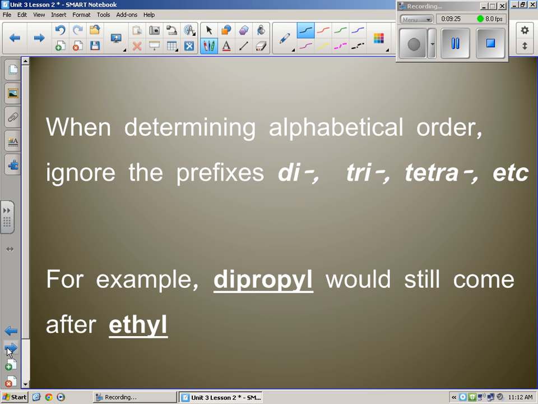So it's ethyl versus methyl, alphabetically. Okay. So for example, dipropyl would still come after ethyl because propyl is a P, ethyl, of course, is E. You kind of got to know alphabetical order, I guess, is what I'm saying. Okay? So ethyl would come before dipropyl in the naming.